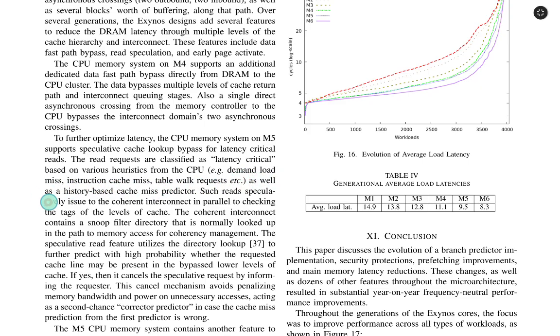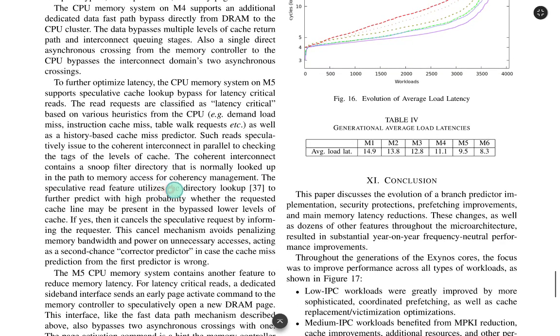Such reads are speculatively issued to the coherent interconnect in parallel to checking the tags of the levels of cache. The coherent interconnect contains a snoop filter directory that is normally looked up on the path of the memory access for coherence management. The speculative read feature utilizes the directory lookup to further predict with high probability where the requested cache line may be present and bypass the lower levels of cache.